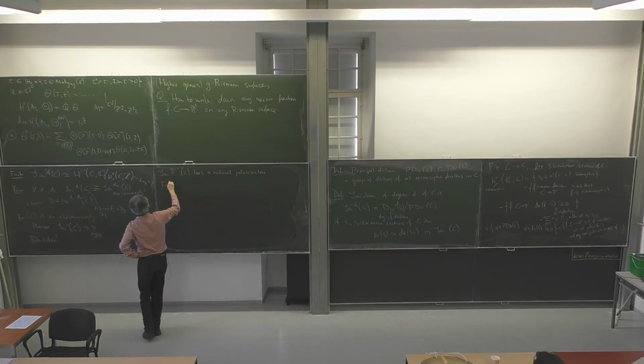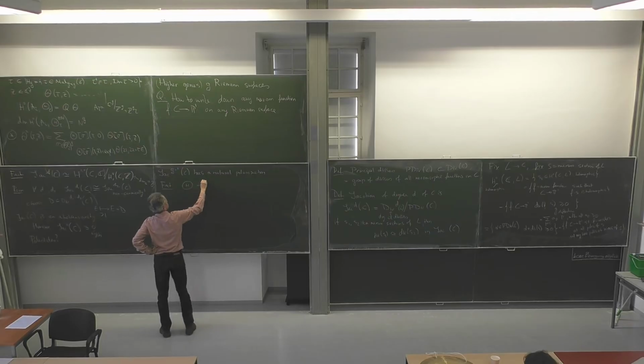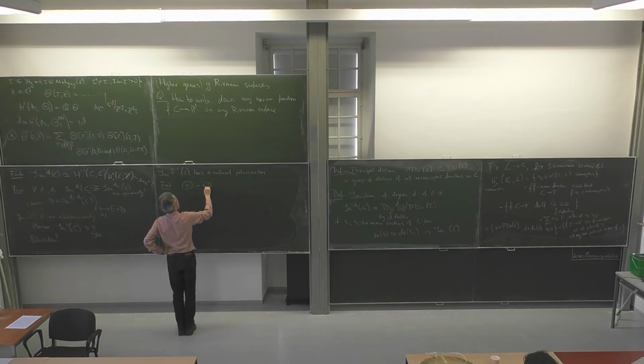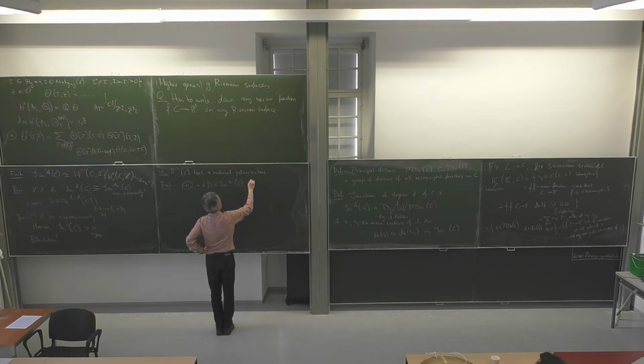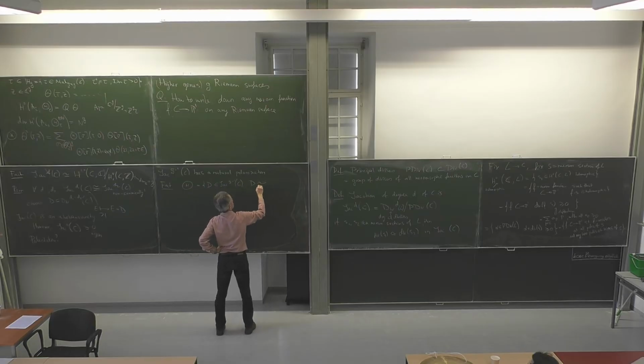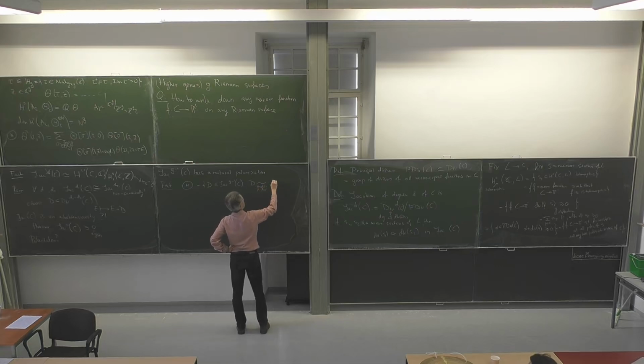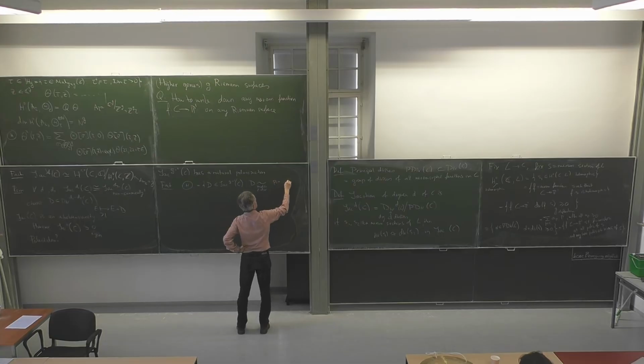Fact: let theta be the locus of divisors D in the Jacobian of C such that D is equivalent modulo principal divisors to a linear combination of P1 plus ... plus P(G minus 1).